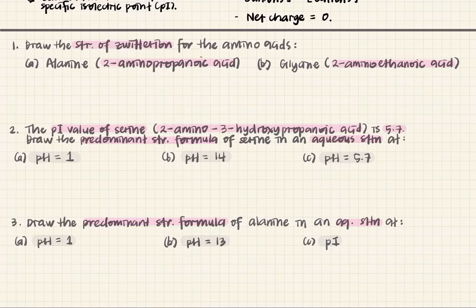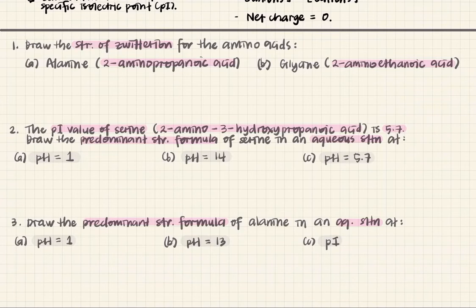Okay. Next question, they tell you that the PI value for serine is 5.7. So at this PI value, serine is mostly present as the zwitterion, and what else? Equal concentration of cation and anion, and there is no net charge. So now they ask you to draw the predominant structural formula of serine in an aqueous solution. In aqueous solution, it means there can be different concentrations of those ions.